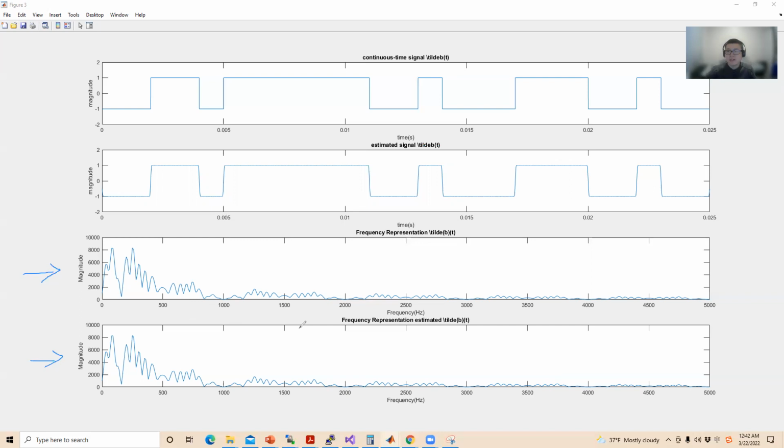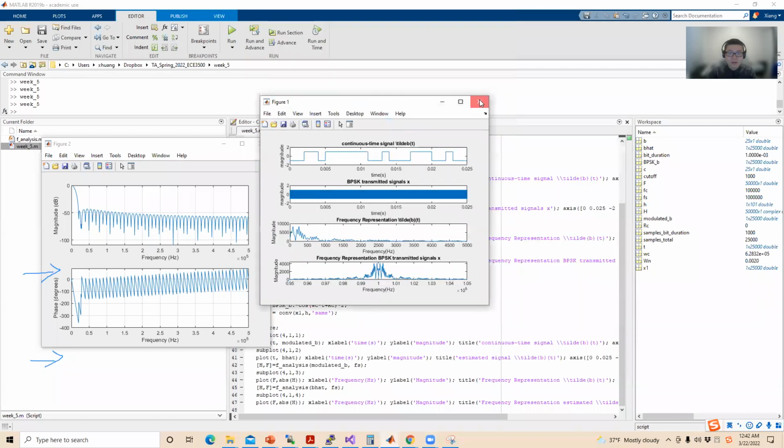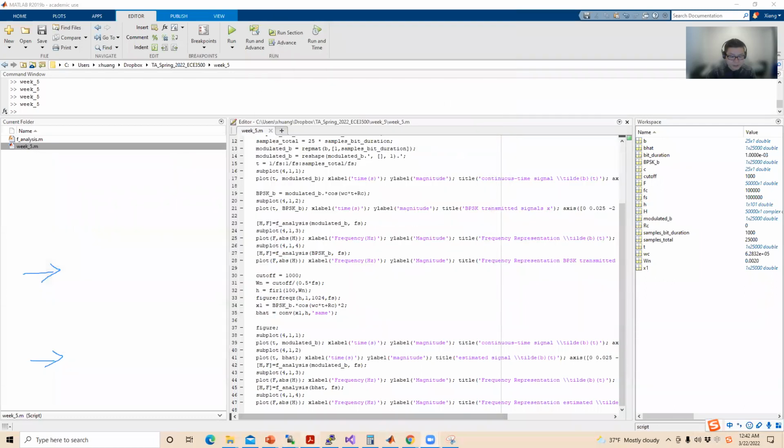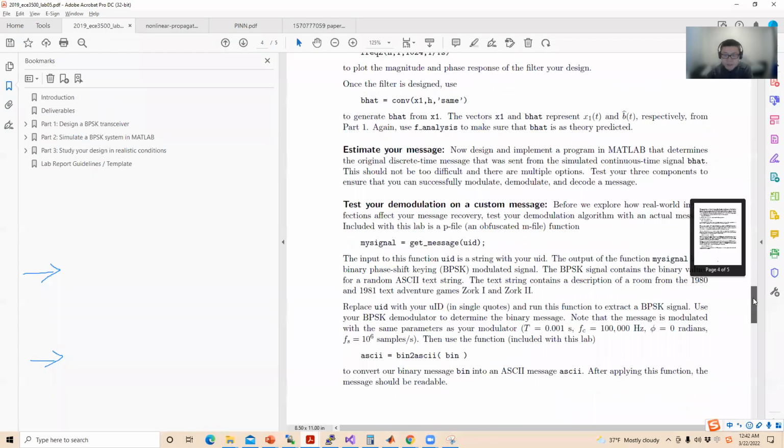I hope that when you are doing this part, the final frequency representations of these two signals will be the same. Okay. So for part 3, I think that's left for you to finish.